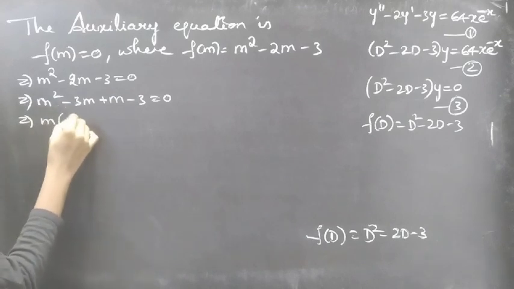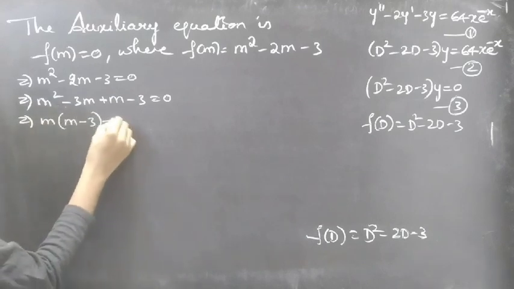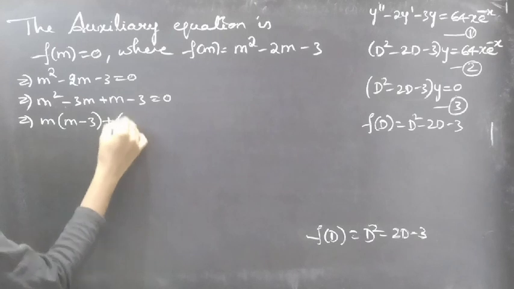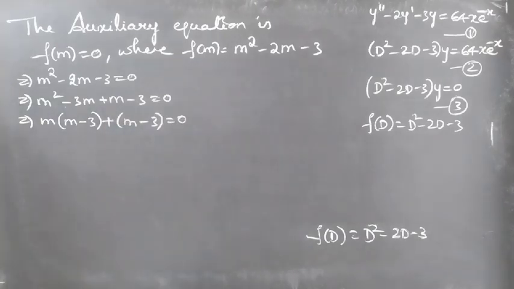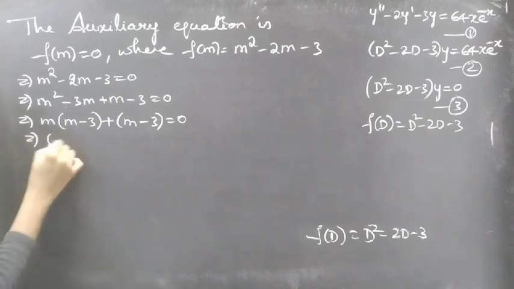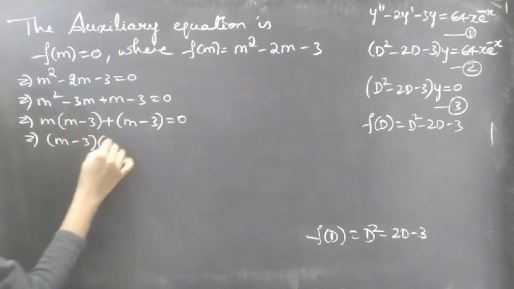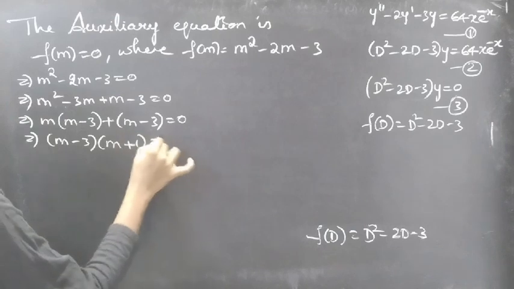Now take m common from the first two terms, we'll get m times m plus 1, and minus 3 times m plus 1 for the last two terms. This gives us m minus 3 into m plus 1 equal to 0.